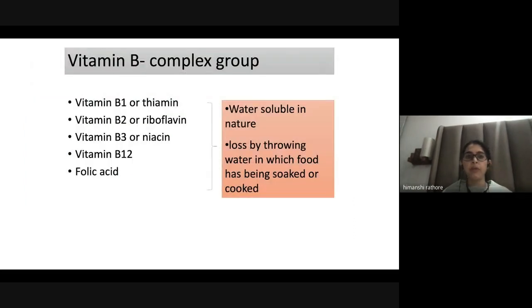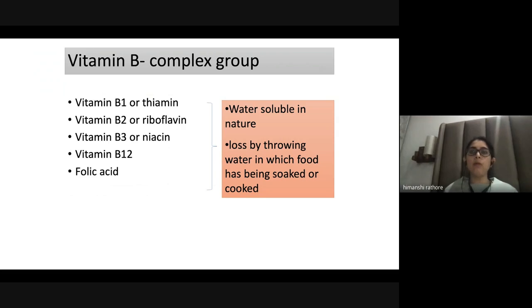Now we are moving to the water soluble vitamins. So water soluble vitamins are two groups, vitamin B and vitamin C. Under the vitamin B group, there are five vitamins: vitamin B1, vitamin B2, vitamin B3, vitamin B12, and folic acid.